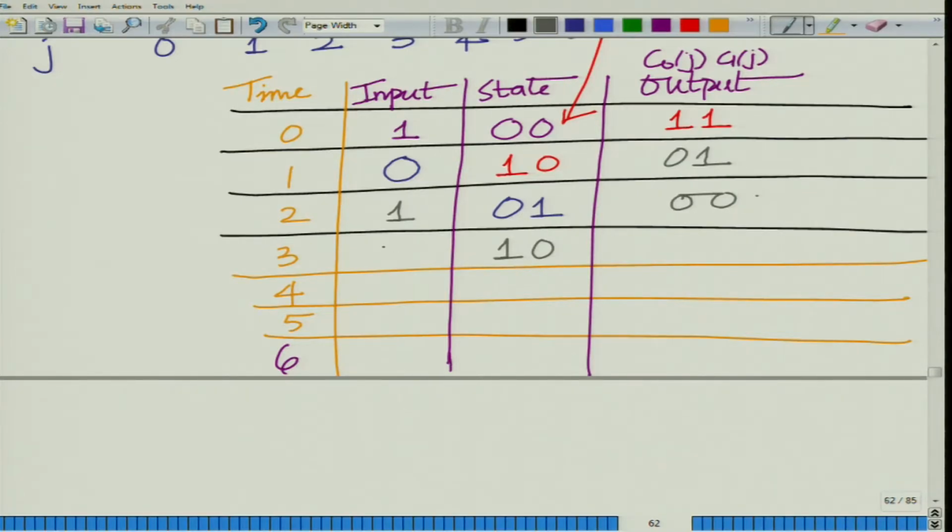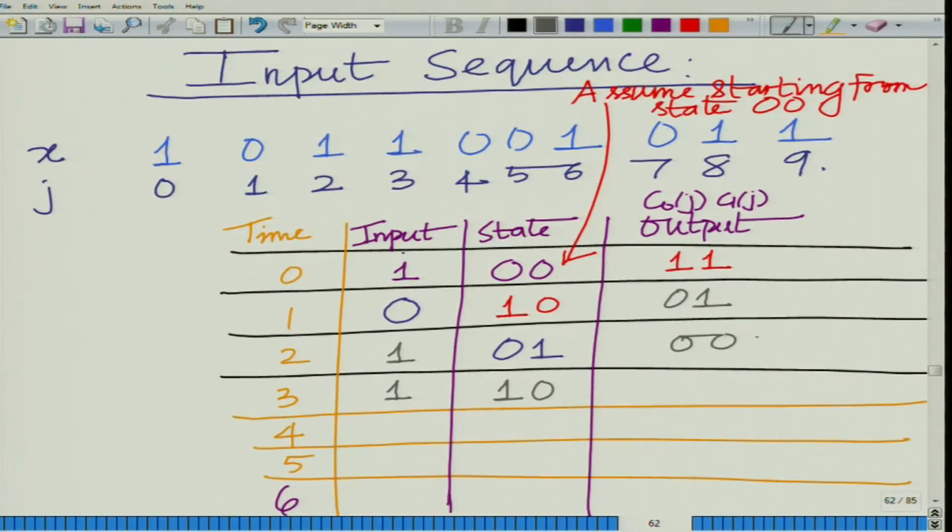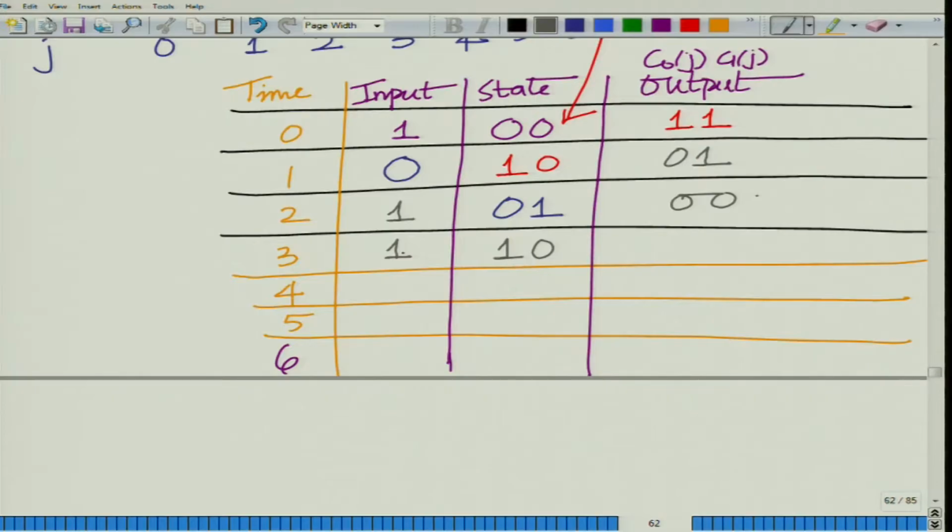At time instant 3 the input bit is 1 and the state is 1 0, so the next state is 1 1 and the output is 1 0.